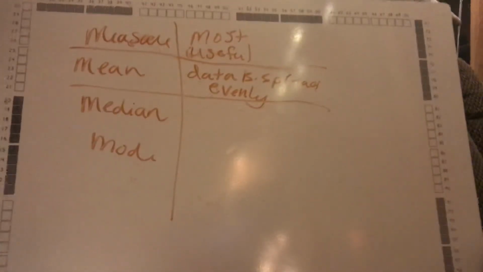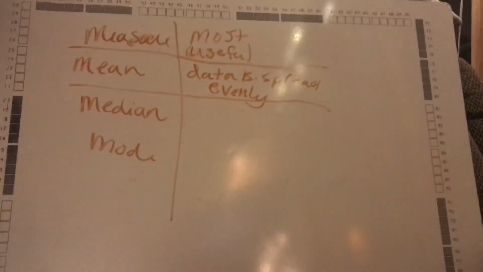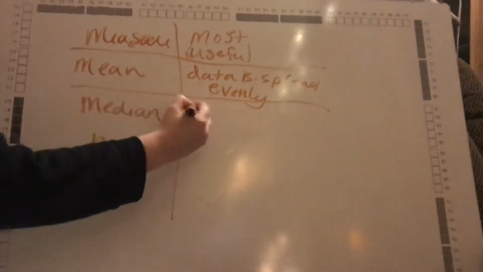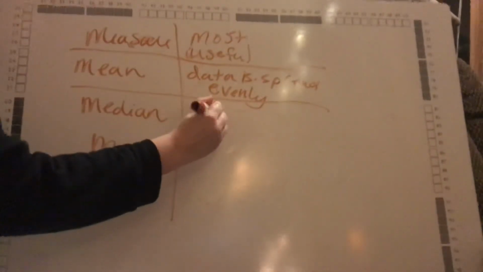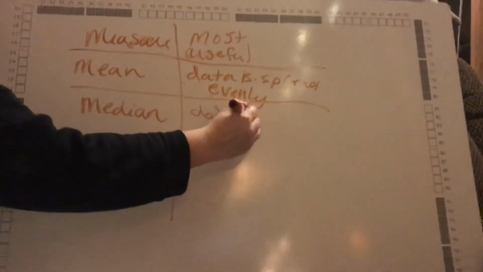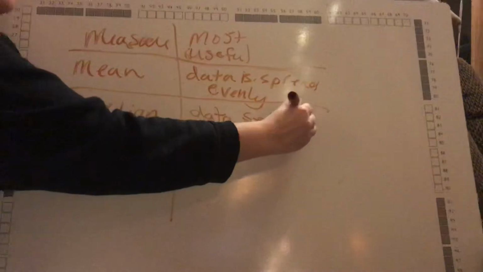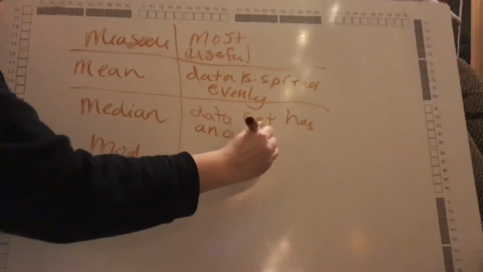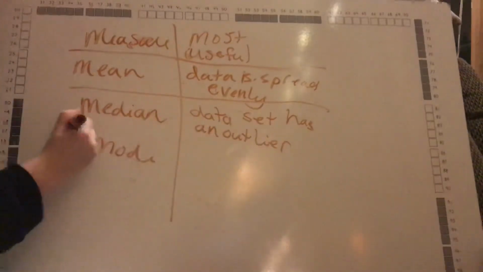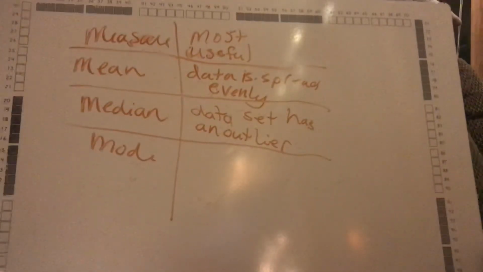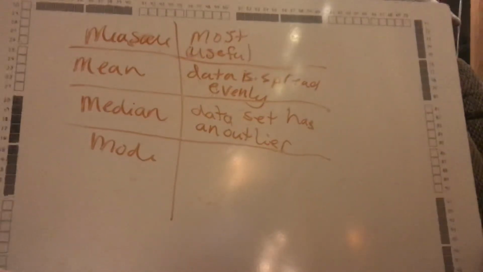If the data set has an outlier, meaning an extreme value, then your median is going to be more useful. So if we look back at example 2, it had an outlier of 14 hours.